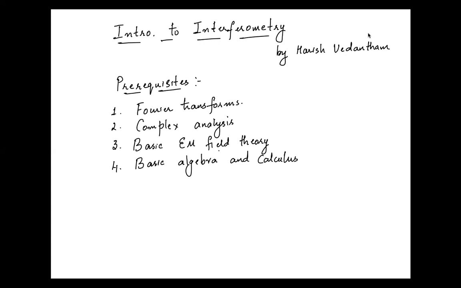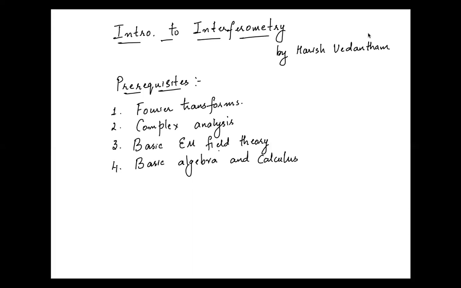So you should have heard of something like e to the power of i omega t, for example, a complex representation of a sinusoid. Some basics of electromagnetic field theory. I would assume that you would be comfortable with electric fields, magnetic fields, flux densities, things like that. And some very basic algebra and calculus, which you would have learned in either high school or first year of college. Okay, so with that, let's get started.